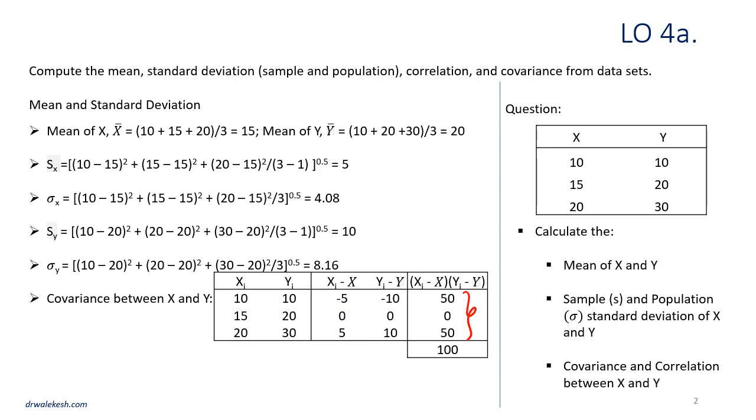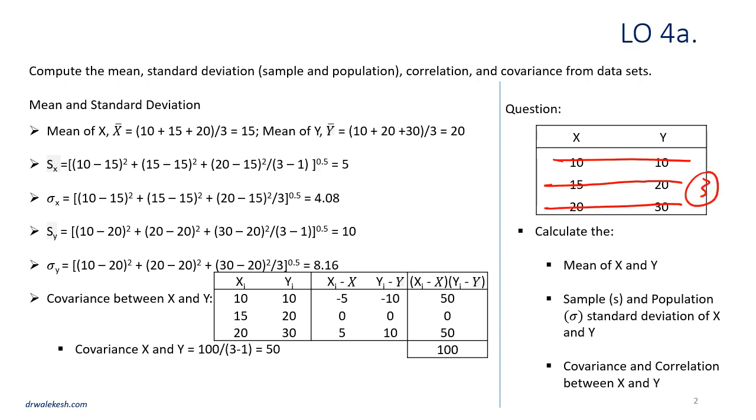If you add all of these together, you should have 100. So it will be 100 divided by n minus 1. Our n, this is one pair, this is another pair, this is another pair. So our n is 3. So it will be 3 minus 1. So our covariance is 50.